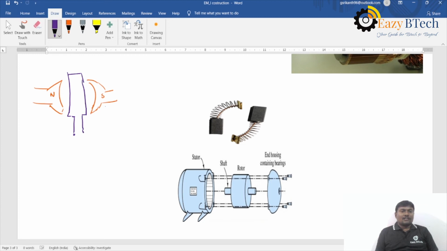The conductor AB is fixed to the commutator segment X, and the conductor CD is fixed to the commutator segment Y. Between the segments we provide insulation. This part is called the commutator.